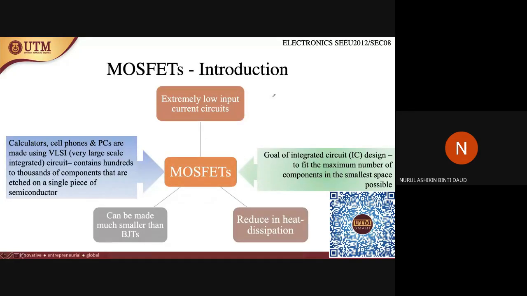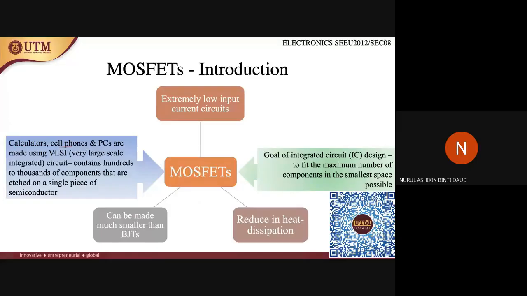MOSFET is applied, you can find it usually in calculators, cell phones, and PCs, which are any device that uses VLSI, very large scale integrated circuits. Usually inside VLSI you can find MOSFET.